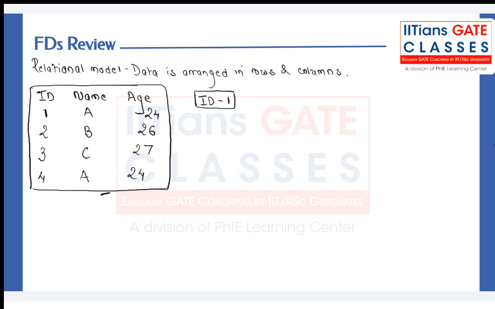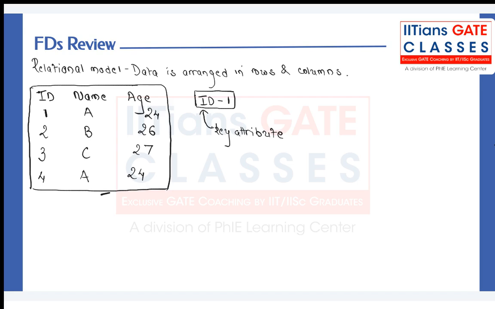So now this is called a key attribute. And why is it called a key attribute? It is an attribute using which you can get a row uniquely. Okay, so it's a key attribute. Chalo, now this is done.